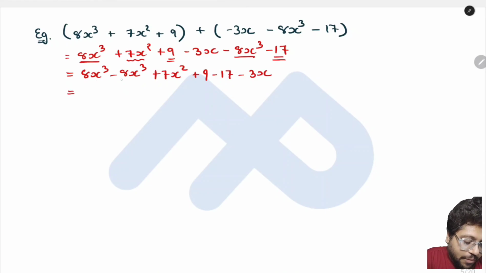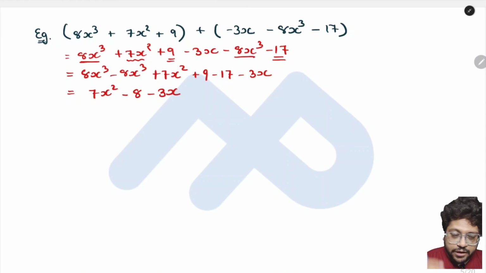So now 8x cube minus 8x cube, that is 0x cube, so you don't need to write anything. Then 7x square as it is. Then 9 minus 17 is minus 8, and minus 3x as it is. So this is the final answer, 7x square minus 8 minus 3x.